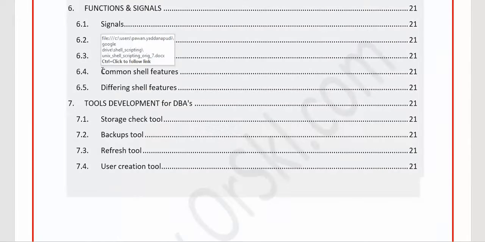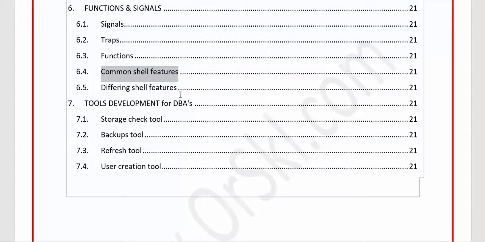So in the common shell features, this is a topic that will give you the list of commands which are common across any shell that you work on. Basically, if you are writing a command or a script in Bash, Bourne, C shell or Korn shell, whatever it is, a command which works on Linux might not work on AIX.